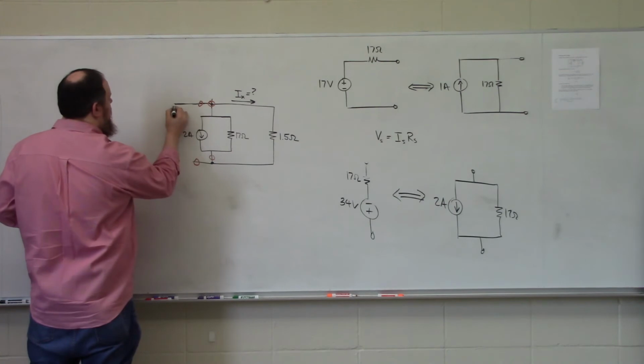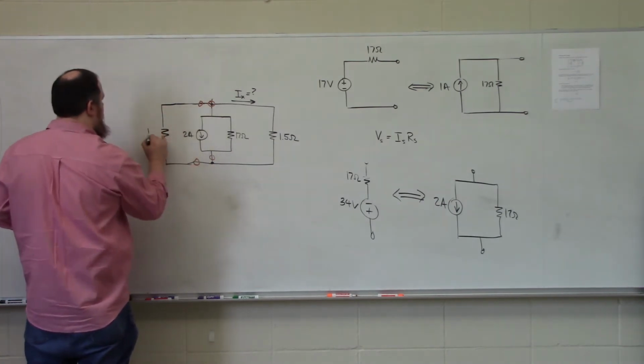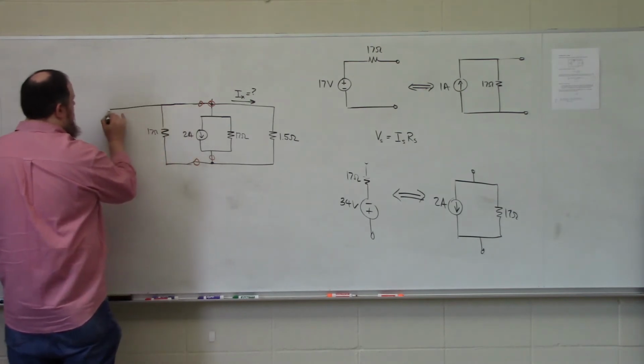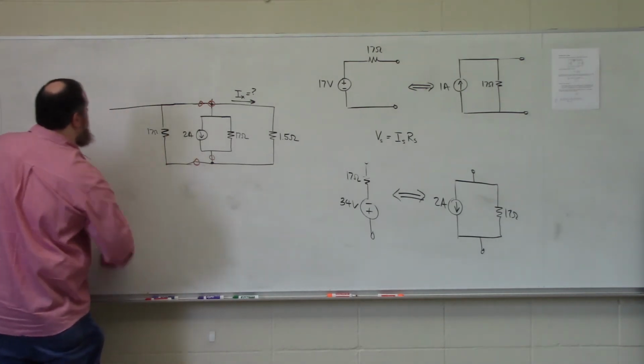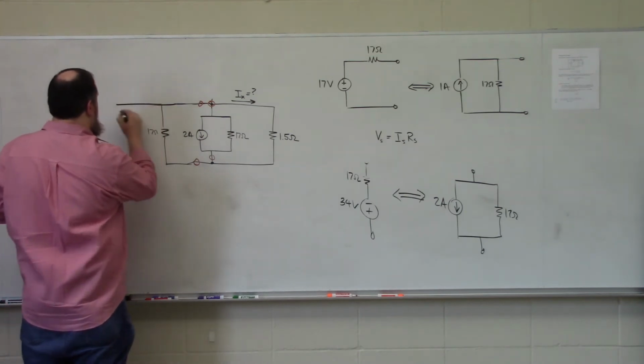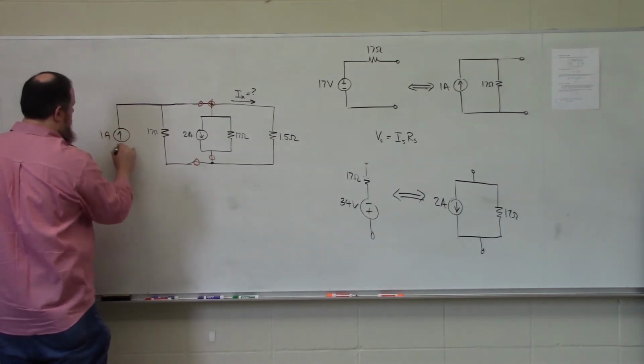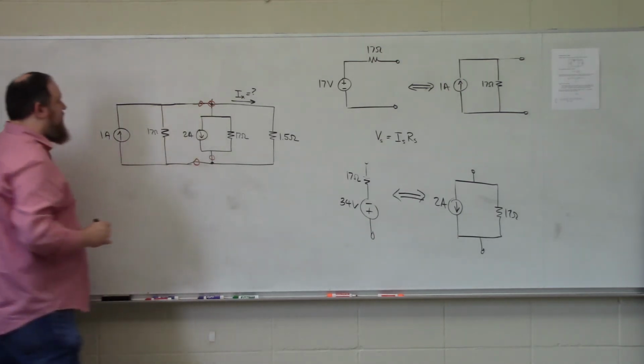And then we have our 17 ohm resistor in parallel. That's getting very crooked. With our 1 amp source directed up.